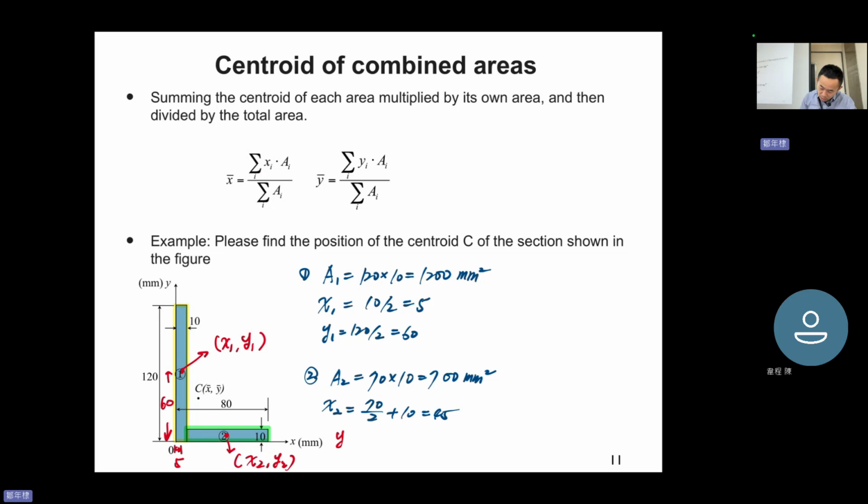Y2 is 10 divided by 2, which is 5. Okay, so you have the green and yellow parts. So how can we get the centroid of all the area? I believe you know that, right? This is really easy. Centroid coordinate.